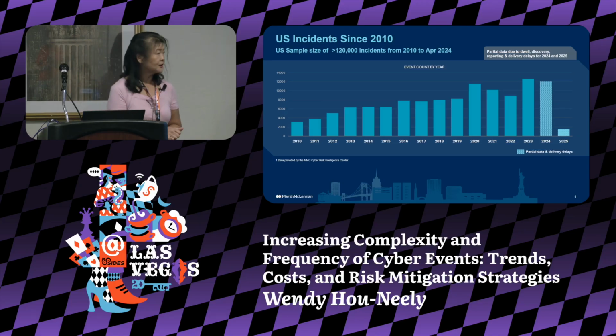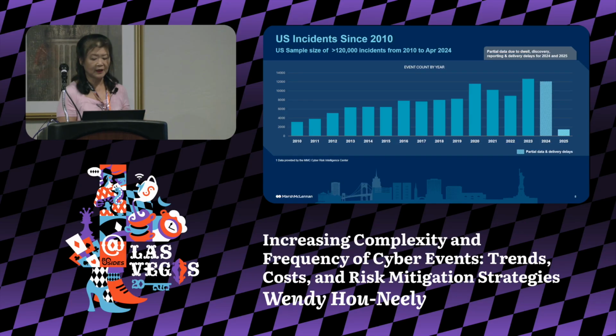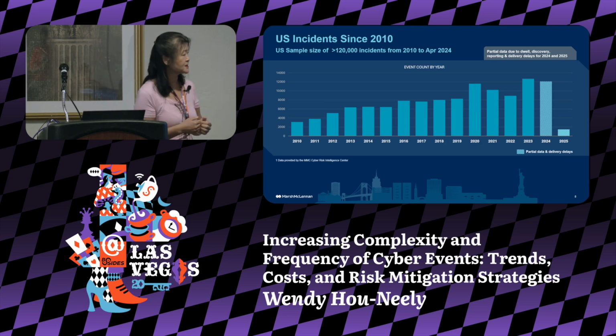So if you drill down to 2023, drill down to the US, this is what you see more of. 2024 is still not a complete set of data because it takes about 30 some days to find the incidents and then to report them out, and then there are data delays and so forth.